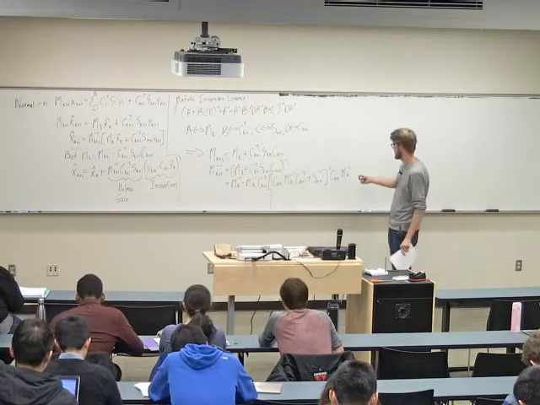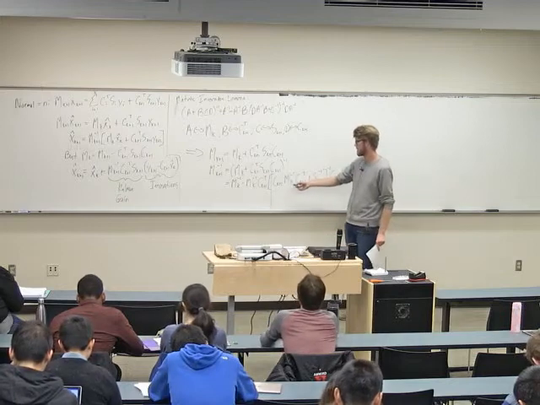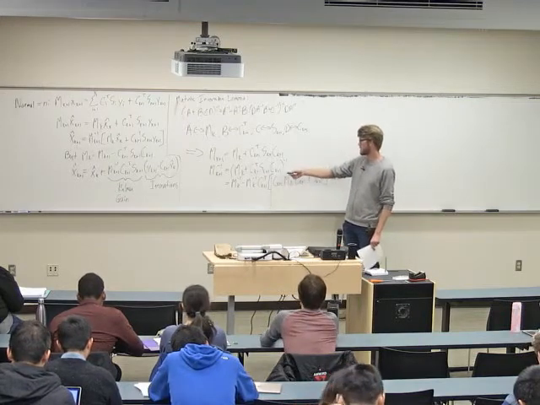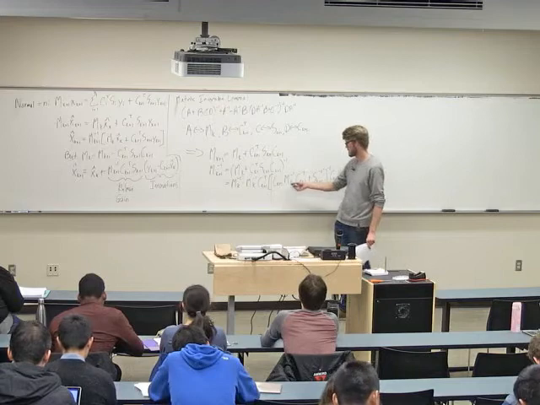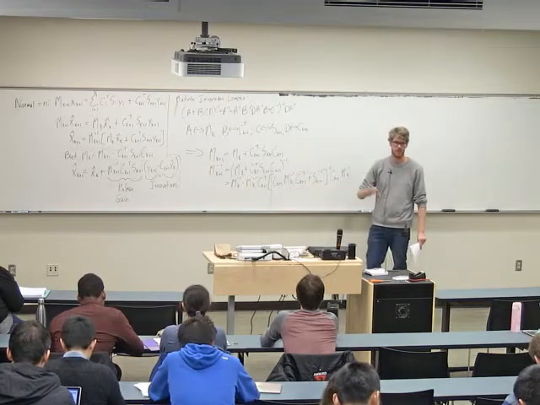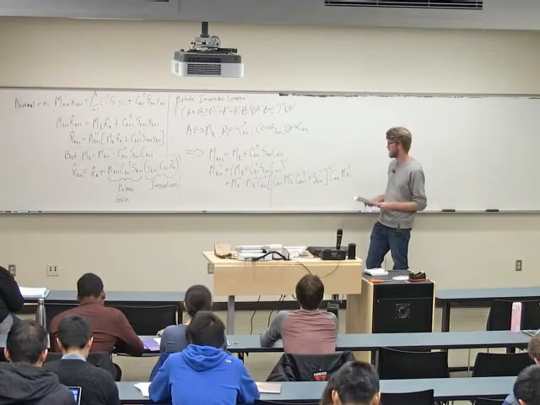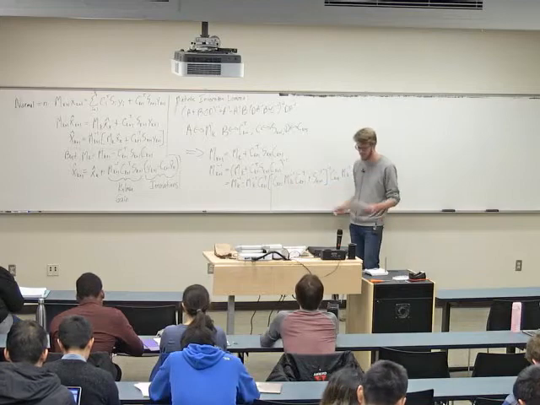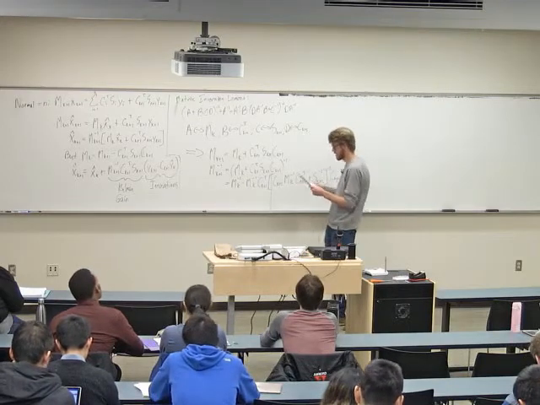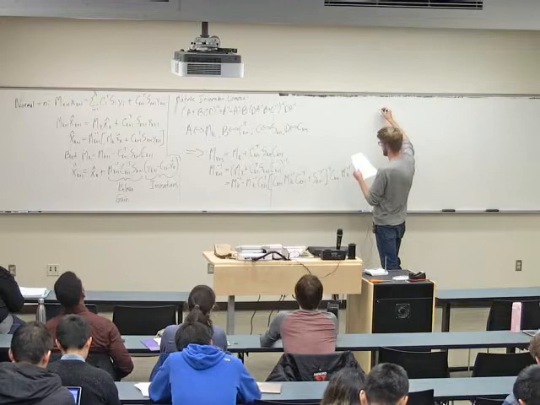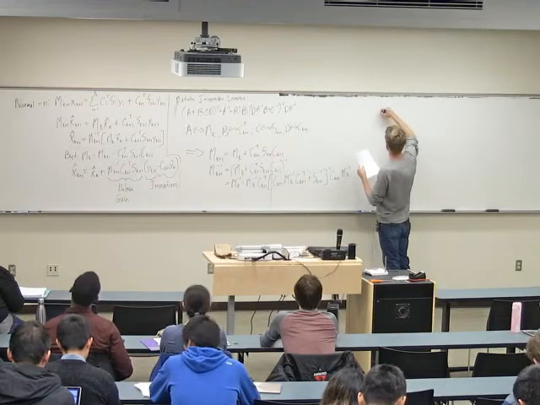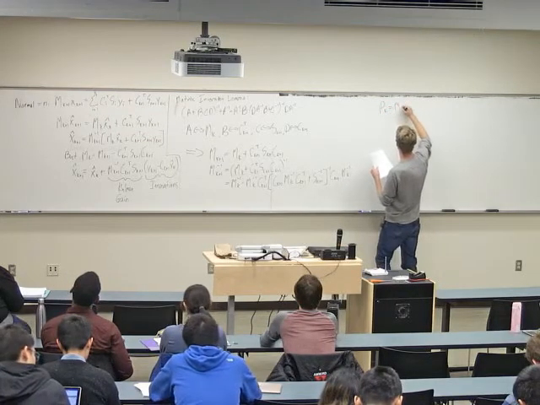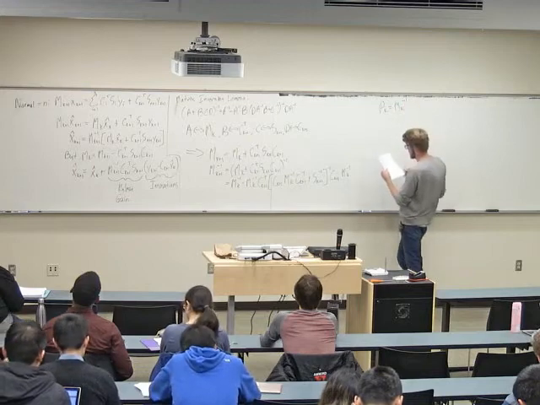But look, the only inversions of M that we're making are inversions of M_k. So if we keep computing this recursively, we don't need to keep computing M_k inverse at every time step. Let's define P_k equal to our M_k inverse.